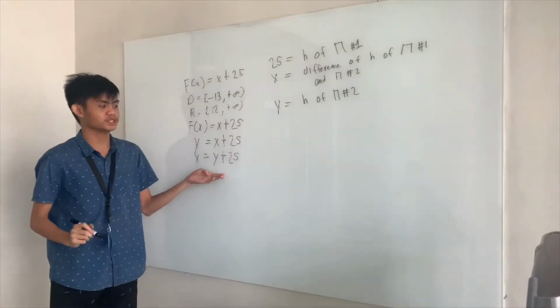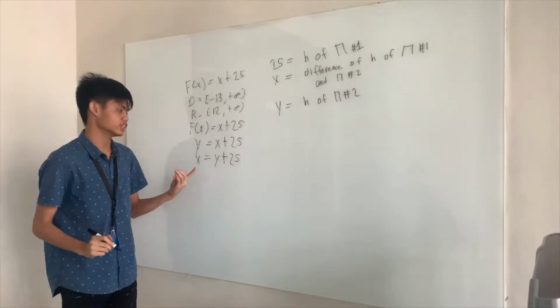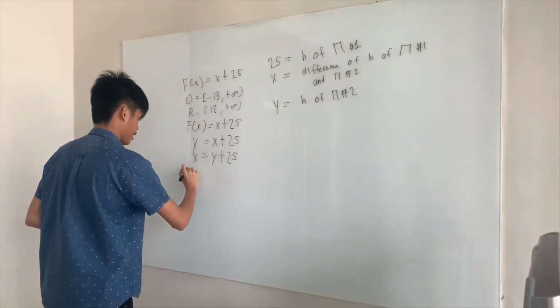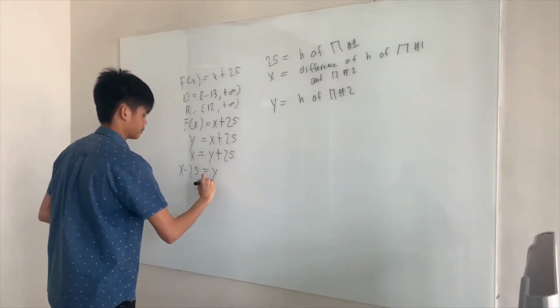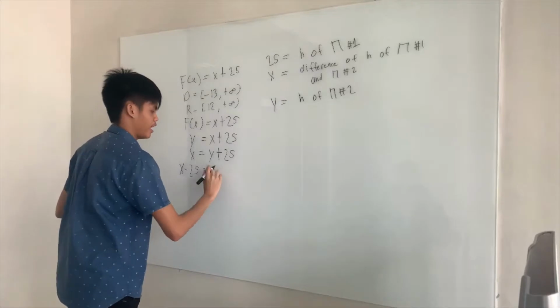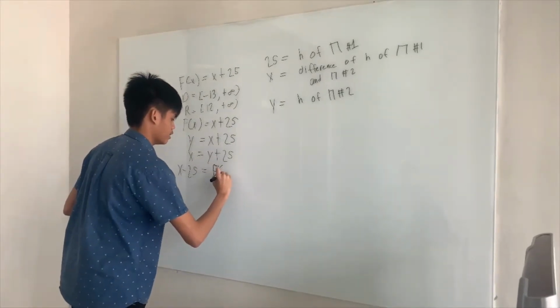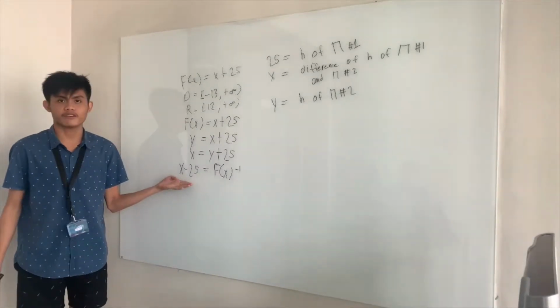After getting this, we isolate y by adding negative 25 to both sides. So, x minus 25 equals y. Changing y into f of x raised to negative 1 gives us x minus 25 as the inverse.